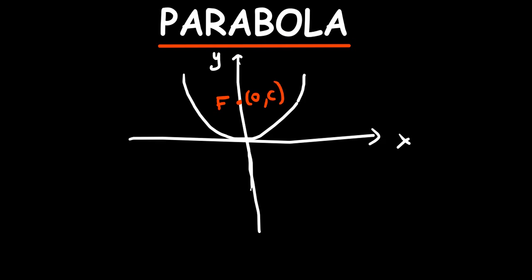So c is just any point in y, any rise in y. Then we have our directrix. So this line D is our directrix.